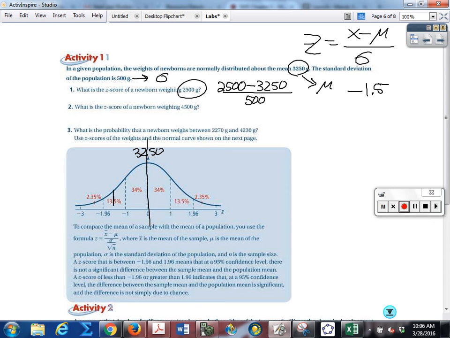So this one, you want to know how far you have to go to find 4,500 minus the average divided by 500. That'll tell you how far to the right you need to go, how many standard deviations this 4,500 gram baby is from the mean.